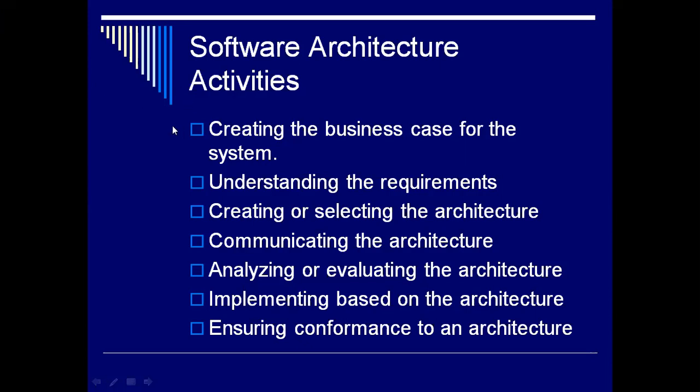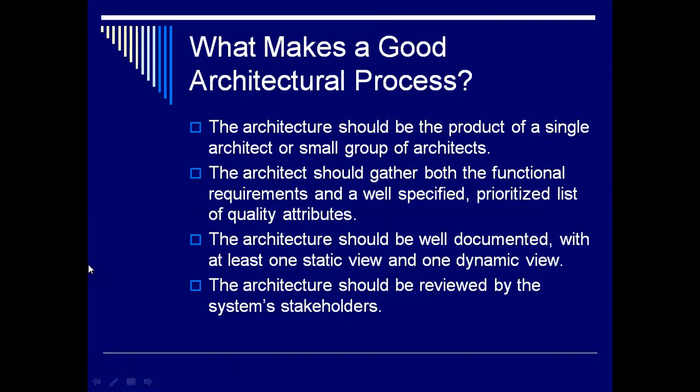Okay, so next one: how can we say that our created architecture or selected architecture is good or bad? That means, does it give the desired result or not? So again, while selecting or creating any architecture for a particular requirement, we have to check whether it is good or bad.